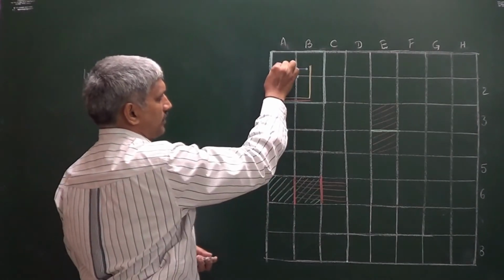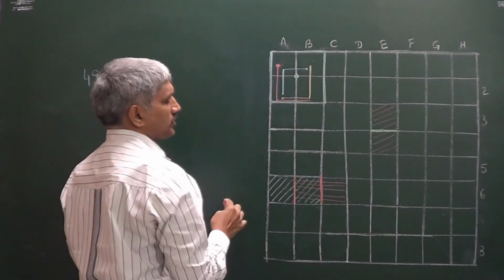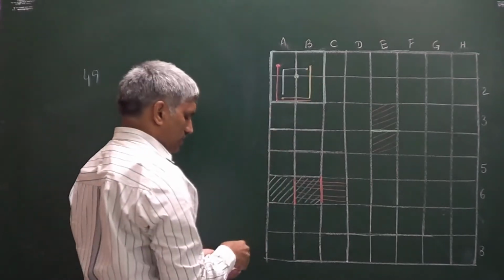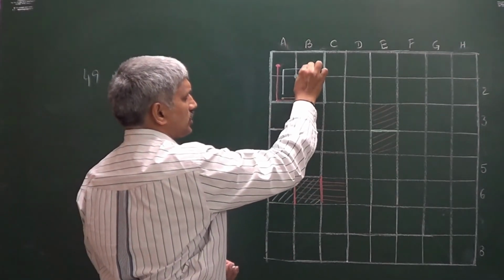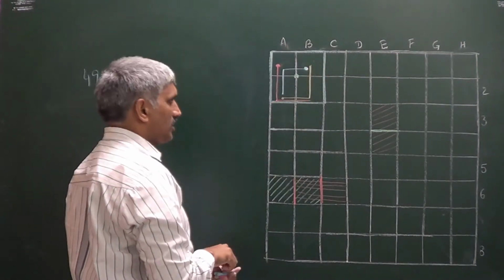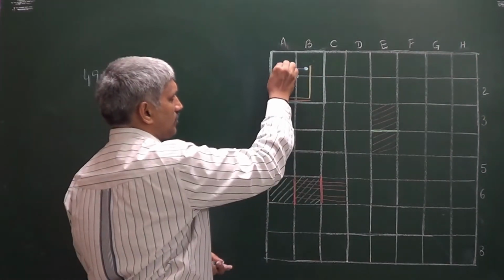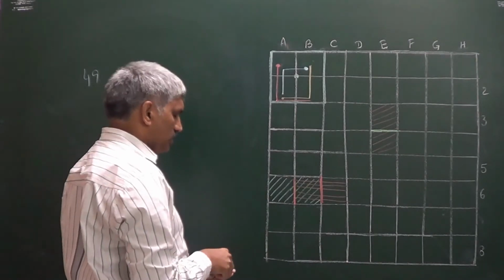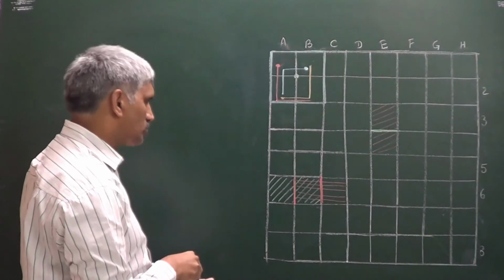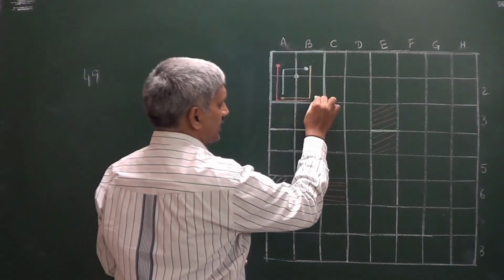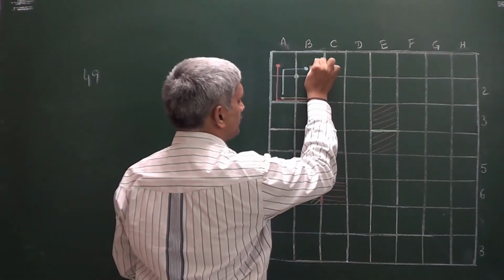All of you observe here. This is the starting point for this square, let us feel like that. Here the starting point is this one, whereas in the other case the starting point is this one. Similarly there is another possibility, taking this as a starting point.